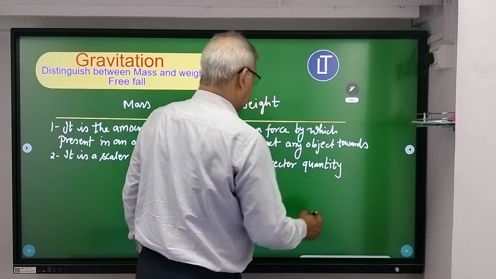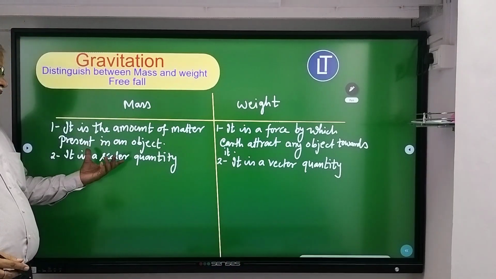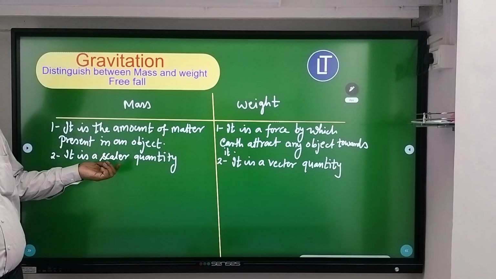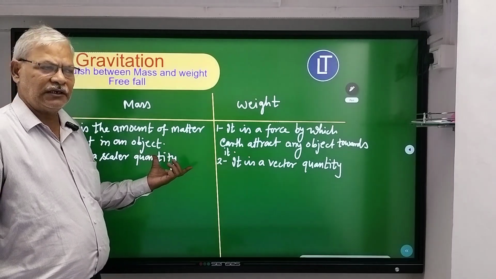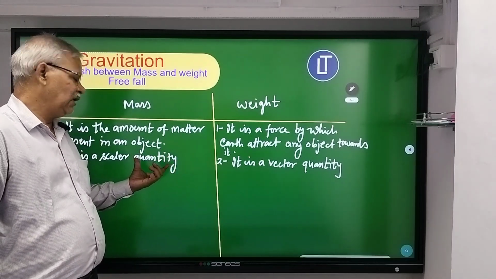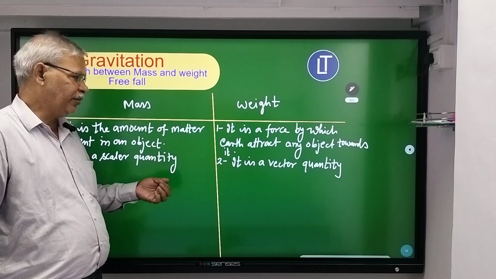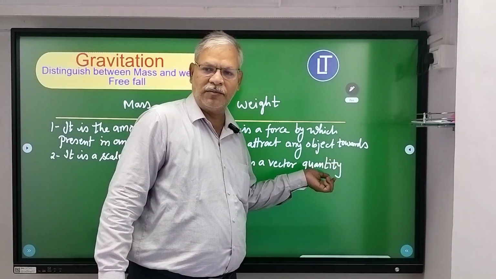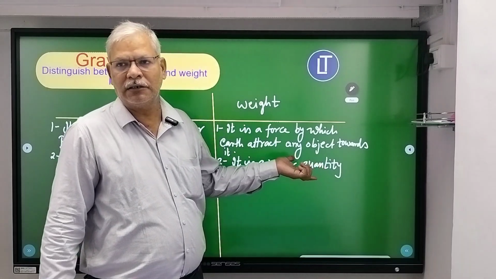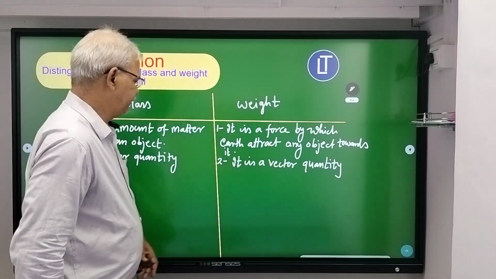Now see here, it is a scalar quantity. You know that a scalar quantity can be represented only by magnitude or by number. And the vector quantity requires magnitude and also direction.